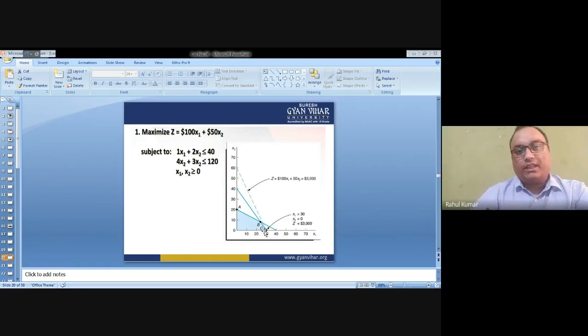For this case, if you take x1 equal to 30 and x2 equal to 0, then the Z function value is 3000, right? You can move to the next step here. If you put this B optimal value, you will get x1 equal to 24 and x2 equal to 8.